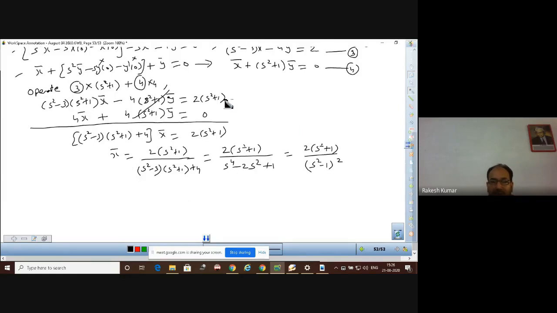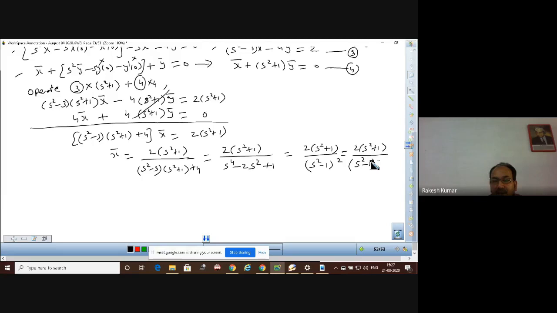You can simplify it more, and it can be written as the numerator s² + 1, and in the denominator we should have s² - 1.